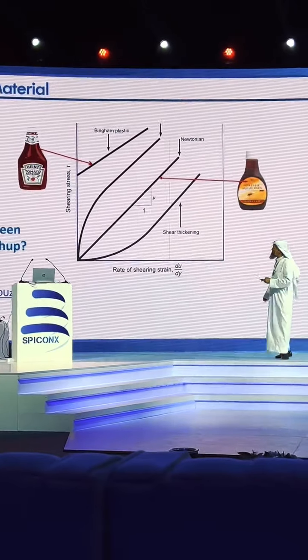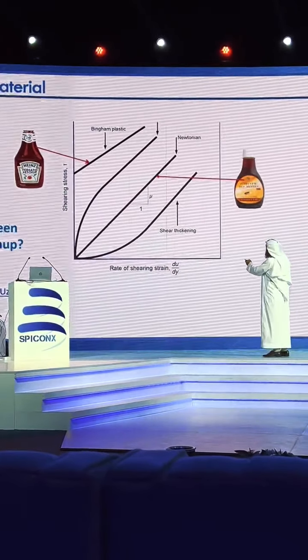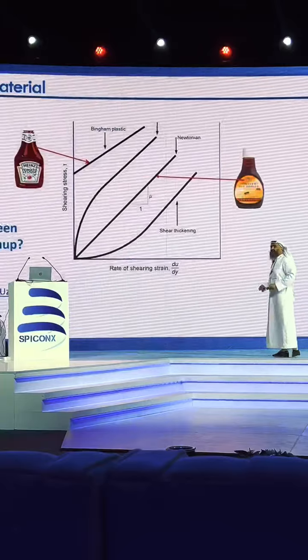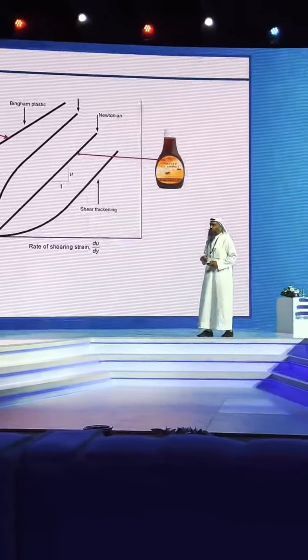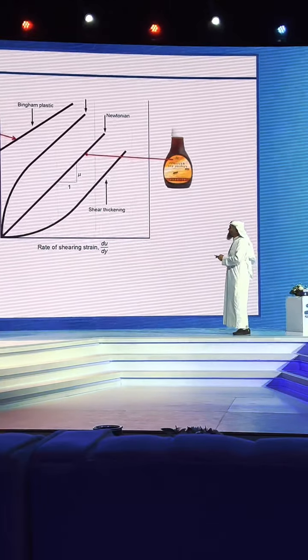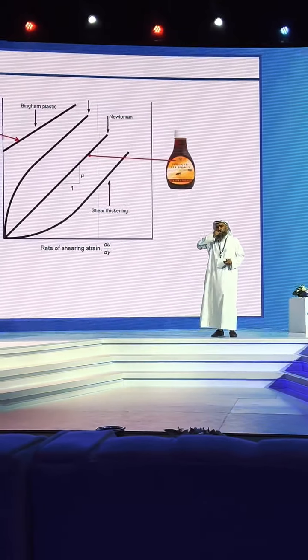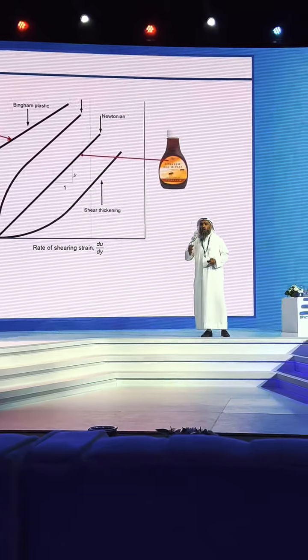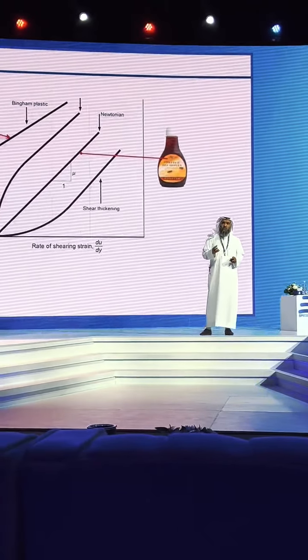viscoelastic material. The other two types are what we call shear thinning, also called pseudoplastic. Examples of this are your toothpaste, or the cement mortar.